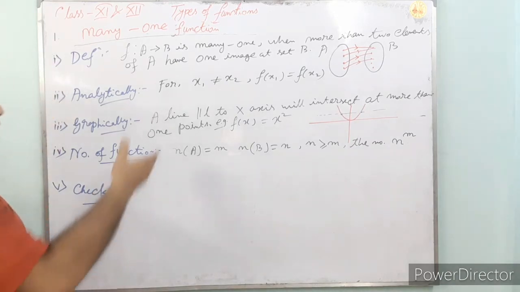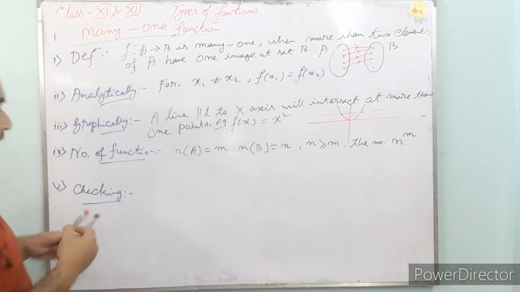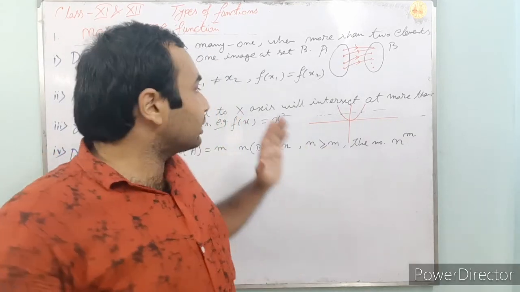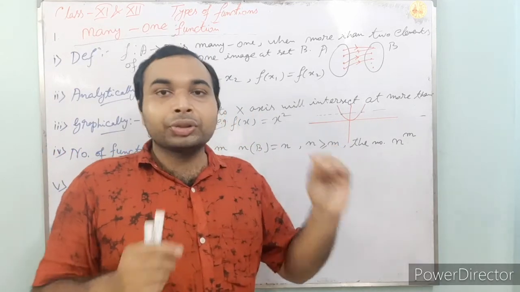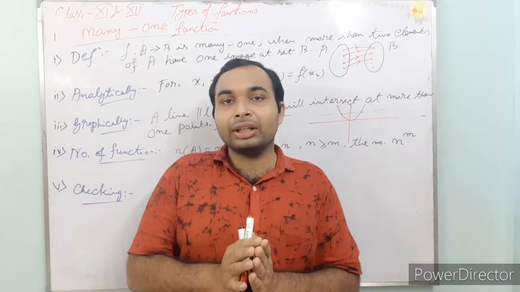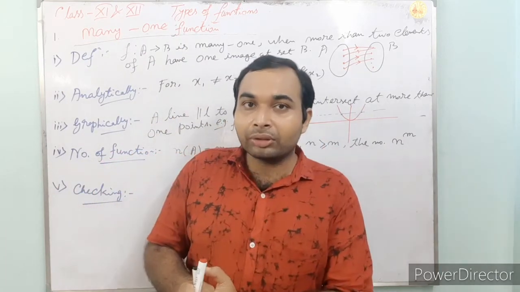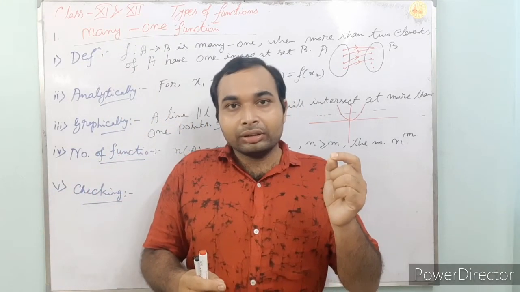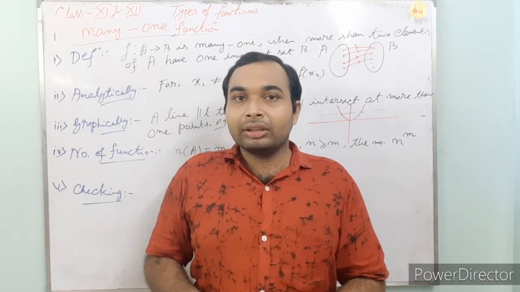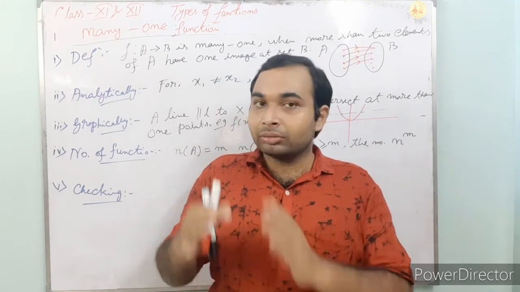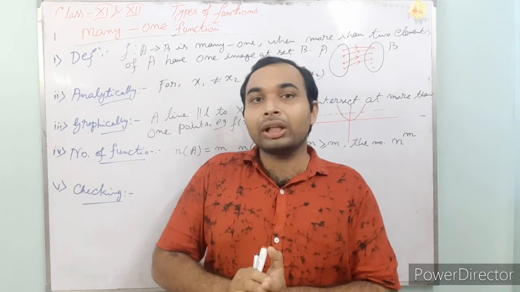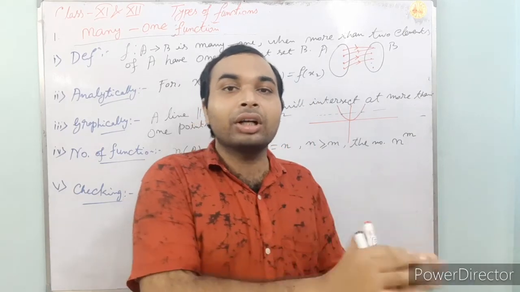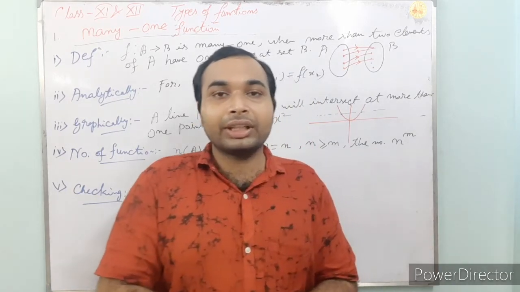How to check? Go to the analytical definition here. Actually, one thing you have to keep in mind: for showing that a law is not universal, that is, not true for all results, you have to show that some exceptions are there.